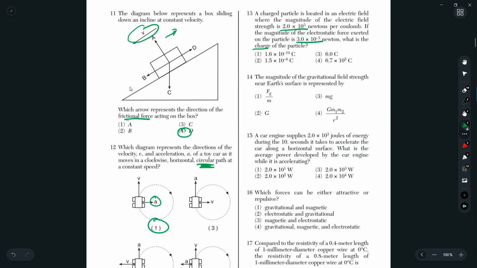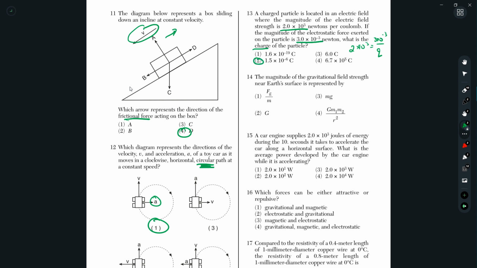So that means 2 times 10 to the third equals 3 times 10 to the negative third over q. If you want to solve for q, you've got to multiply it over and then divide. So it's going to be 3 over 2 is 1.5 times 10 to the negative 6.